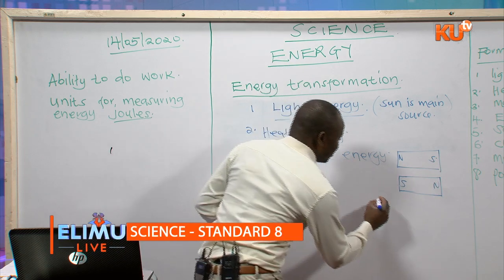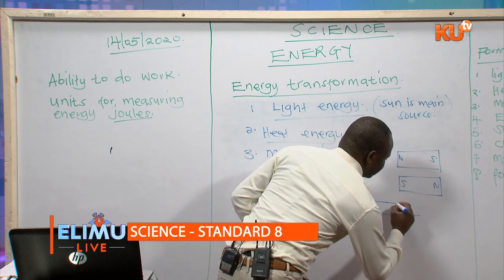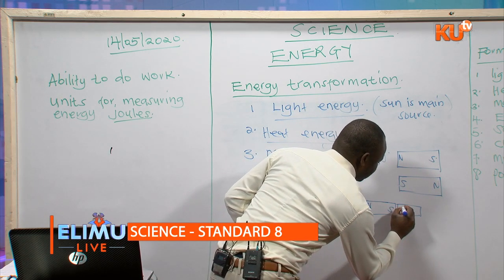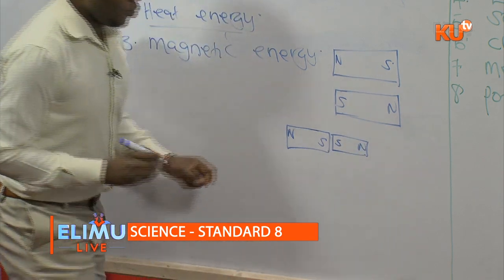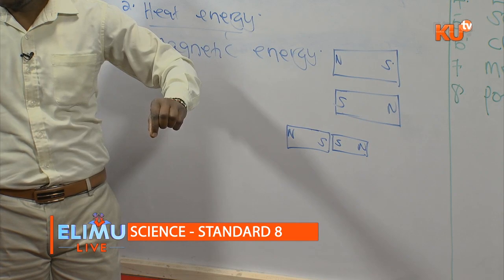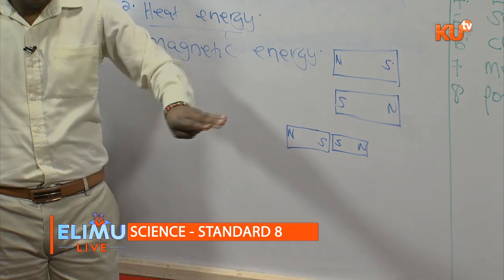For example, when I join these two magnets, this is north, south. This is south, north. What will happen to these magnets? They are going to repel each other because that is the force that will make them move apart.